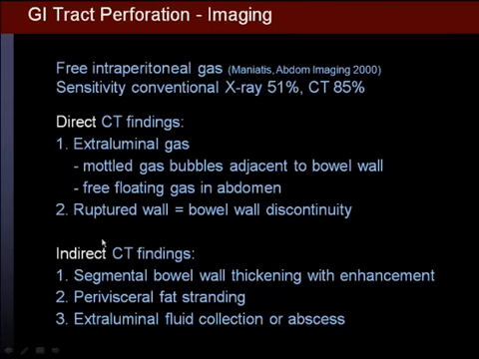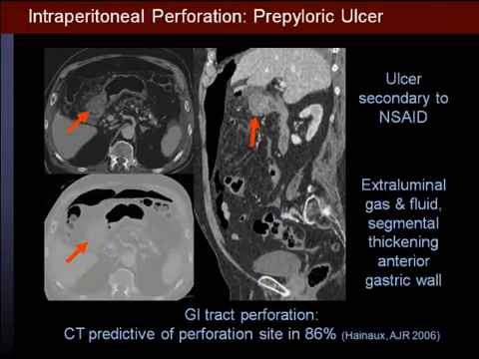Direct CT findings are the presence of extraluminal gas and a ruptured wall, of course, and indirect findings are as mentioned here. Let me just show you two cases. A patient with intraperitoneal perforation because of a pre-pyloric ulcer. He had a history of non-steroidal anti-inflammatory drug medication. This is of course visible on the plain film, but much more clearly on CT, that you have free intraperitoneal gas, quite a lot of gas.